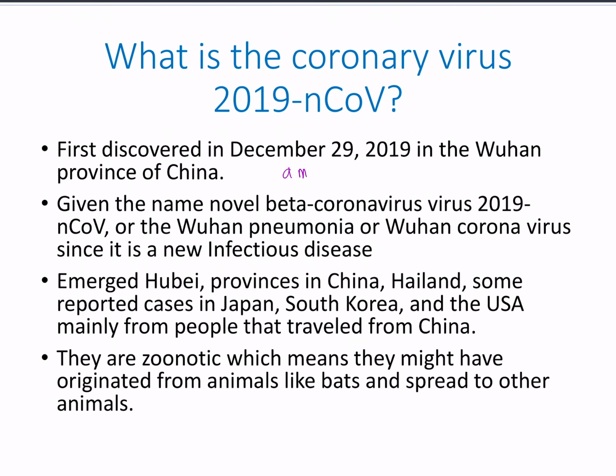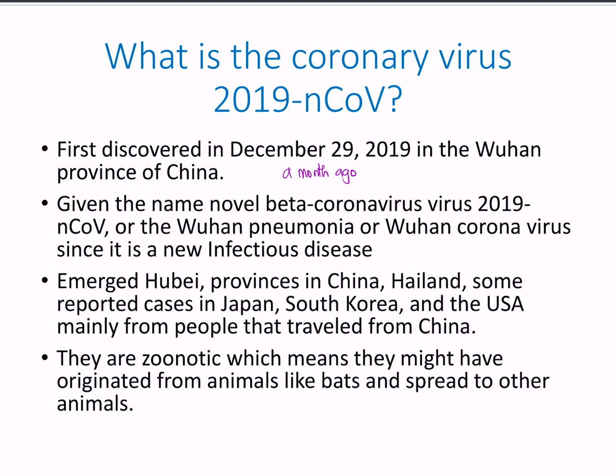In terms of history, the 2019 novel coronavirus was discovered on December 29, 2019 in Wuhan, a province in China, and it also has different names, such as novel beta coronavirus 2019.